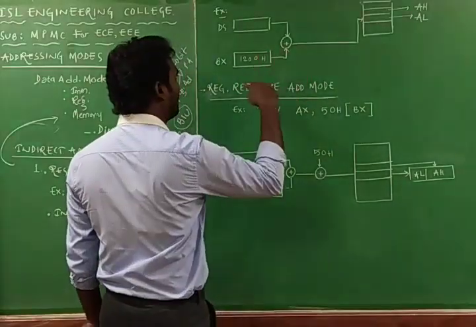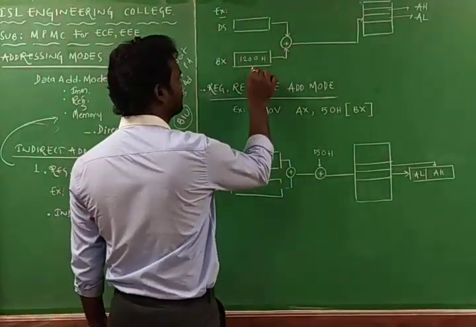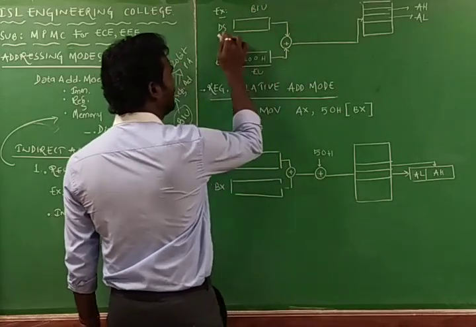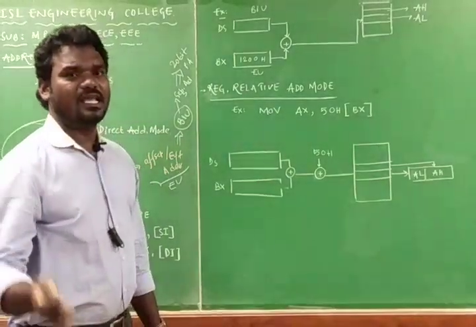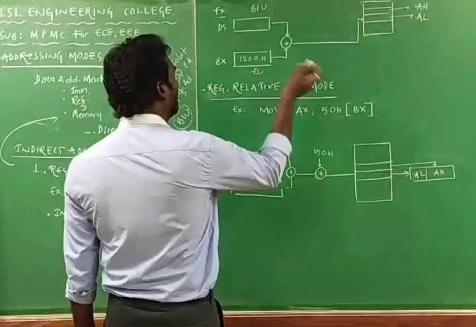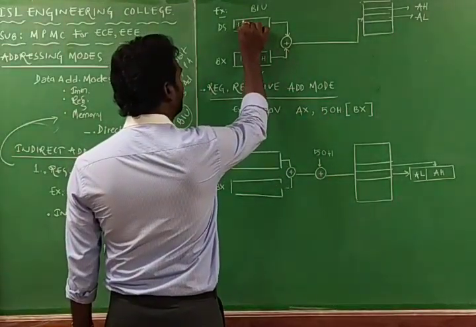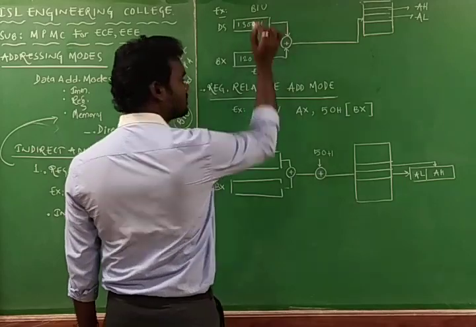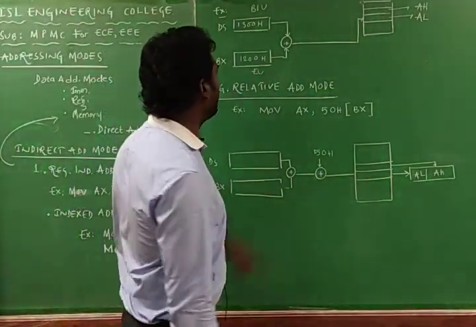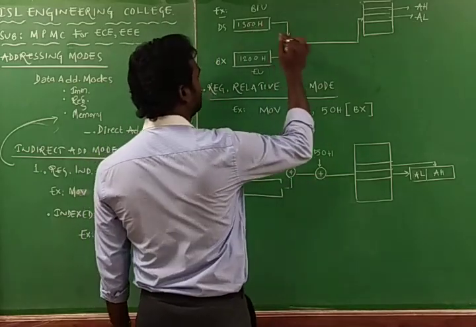Assume that this is the execution unit, and in the bus interfacing unit we have the segment registers. Segment registers hold the segment address. Let's assume that is 1300H. So this is 1200H and this is 1300H, and this is the segment address.